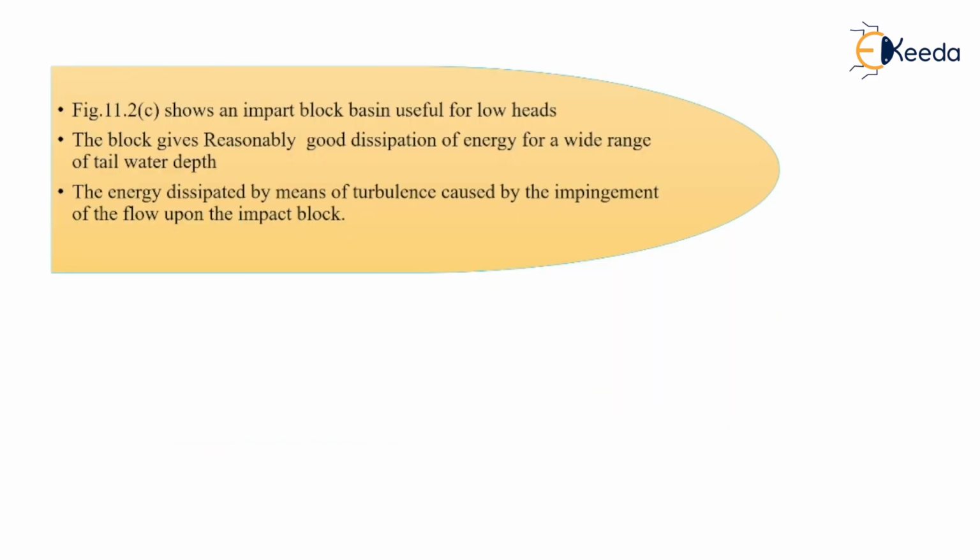So these are the three types of spillway. Each spillway has its own characteristic and its own importance. So by analyzing and judging all the conditions, we need to select the proper type of spillway.